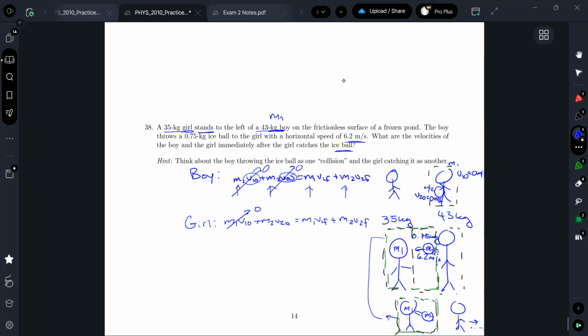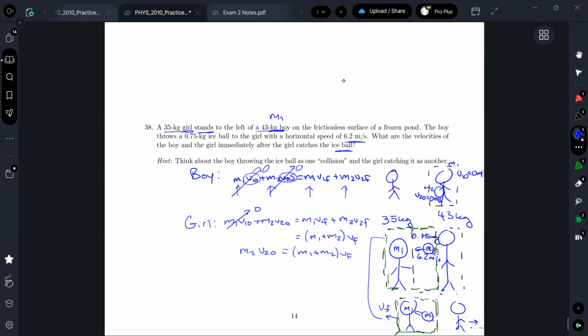The girl and the ball move away together because she's caught it, so M1 plus M2. We just call this VF overall. So I'm left with M2 V20 equals M1 plus M2 VF.